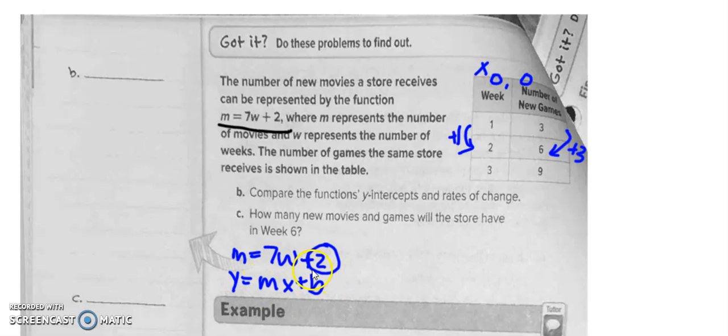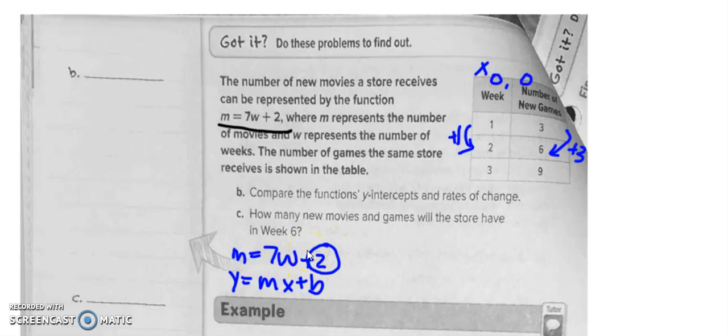I know that the b that I'm adding, that constant number, is going to be the y-intercept in this case too. We've just swapped out m and w, or you know, x and y, for variables that make sense for the situation, the number of movies and the number of weeks.